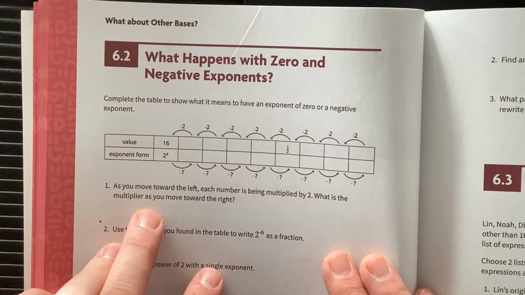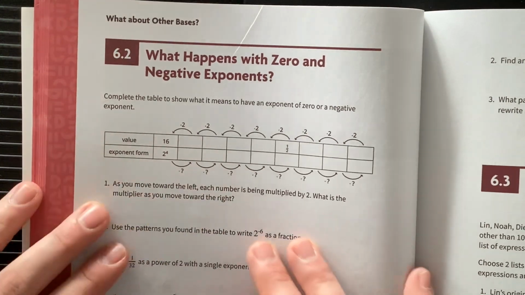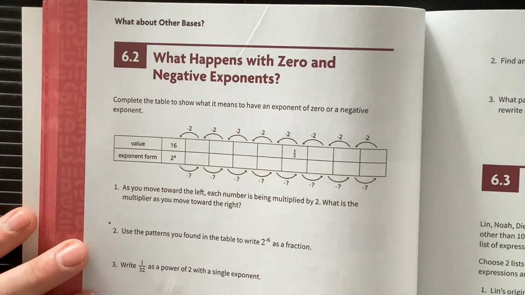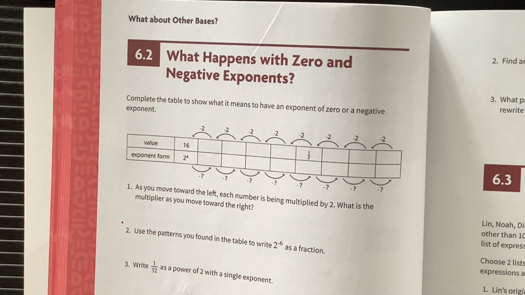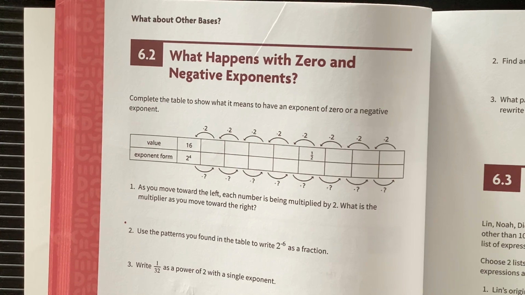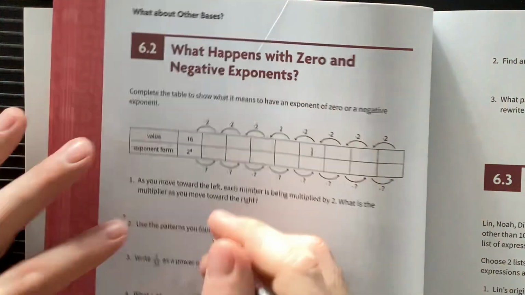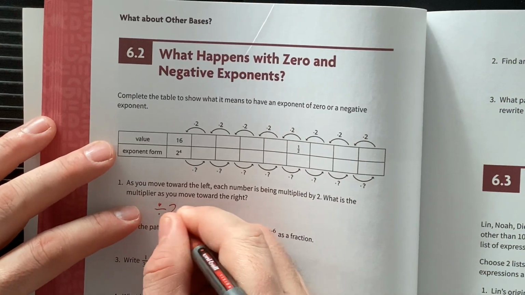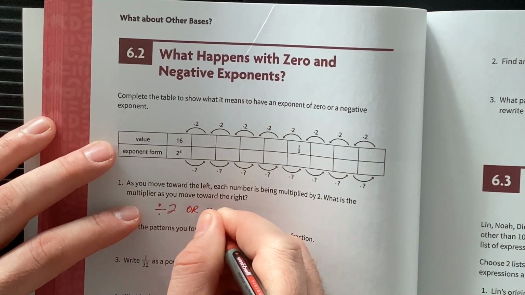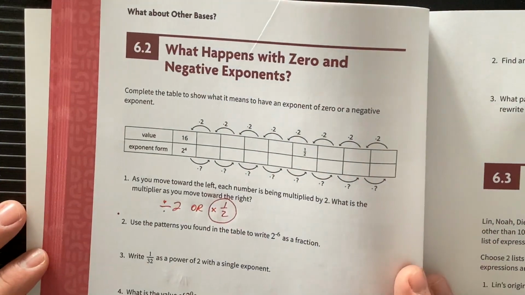What multiplier would be used as you move to the right? What is the opposite of multiplying by 2? Dividing by 2, or multiplying by a half. So that's my multiplier going to the right.